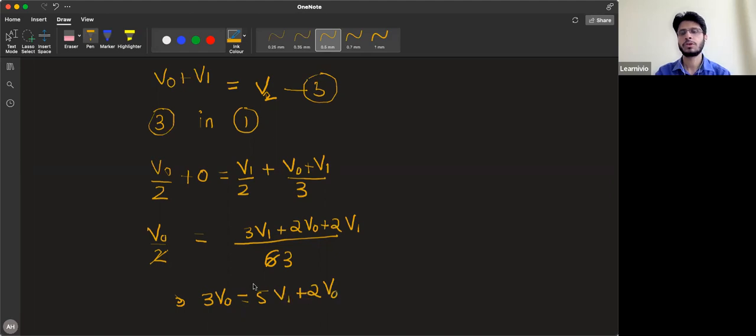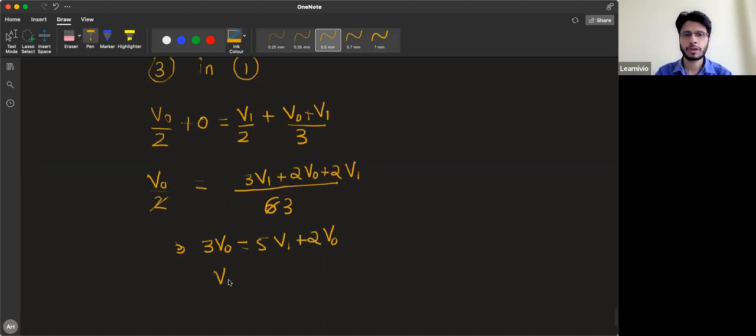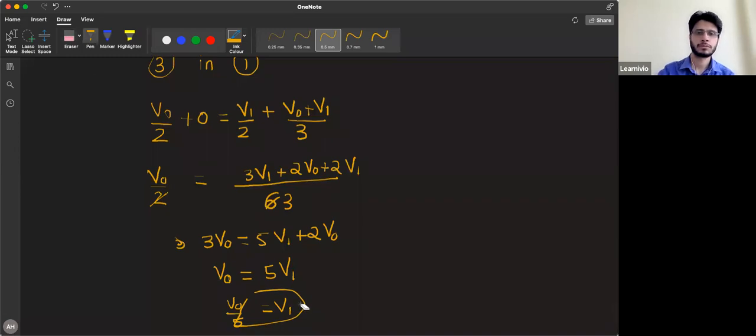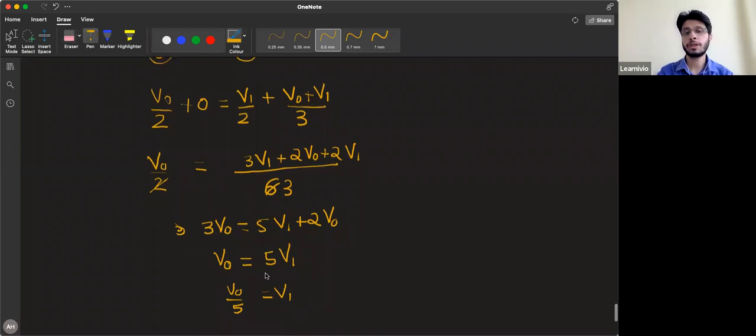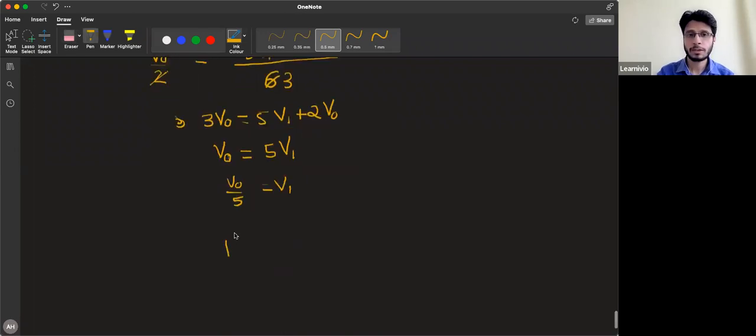So 3V0 minus 2V0 is V0. So you can write that V0 is equal to 5V1. So finally, you have V1, which is V0 by 5. If you have V1, that means you have the final wavelength of A also.